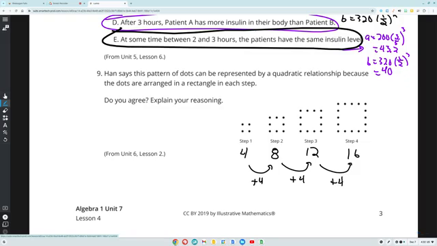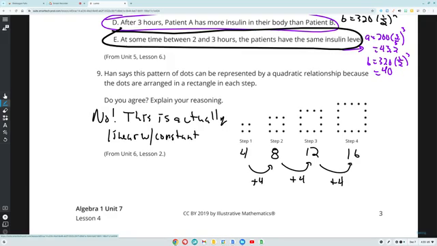So do you agree? No, this is actually linear, with a constant rate of change of 4.